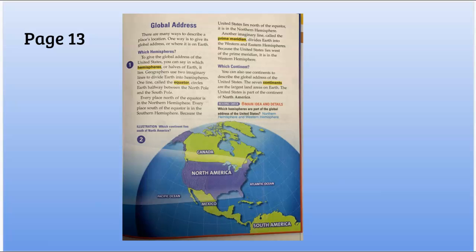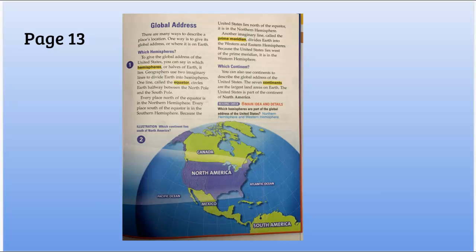Another imaginary line, called the prime meridian, divides Earth into the western and eastern hemispheres. Because the United States lies west of the prime meridian, it is in the western hemisphere. Which continent? You can also use continents to describe the global address of the United States.